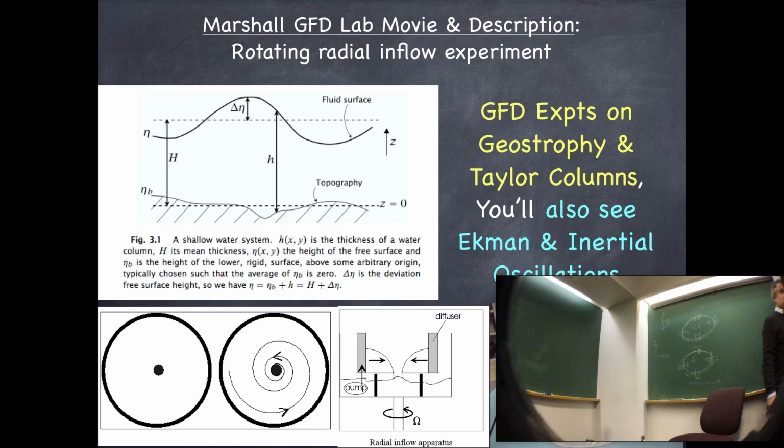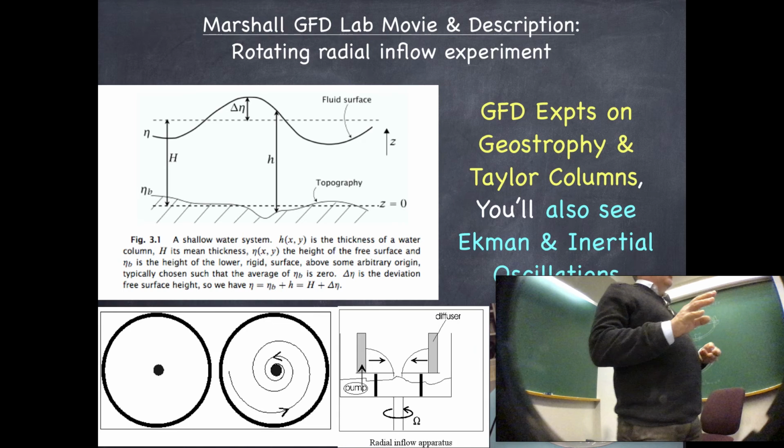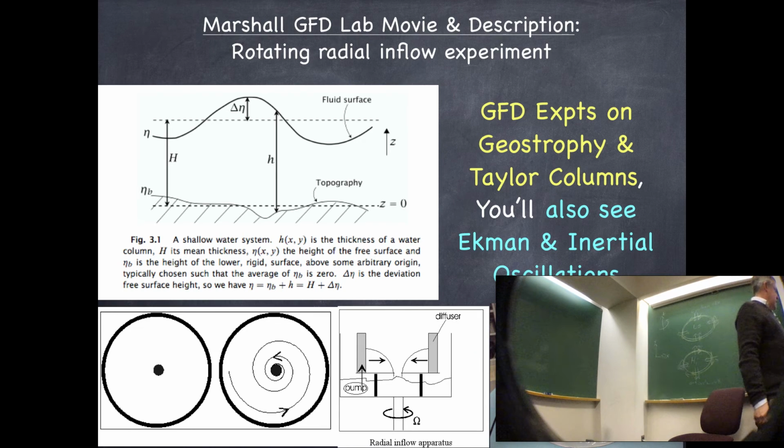Okay. So, in order to illustrate this, I want to show you a lab experiment where they basically fill a tank full of stuff and then pull the plug in the middle. And you're going to see what happens at different rates of rotation in that system. So if I pull the plug in the middle, is it a low pressure anomaly or a high pressure anomaly?